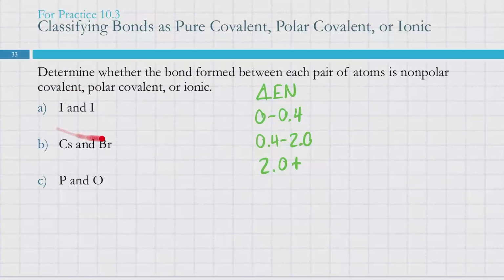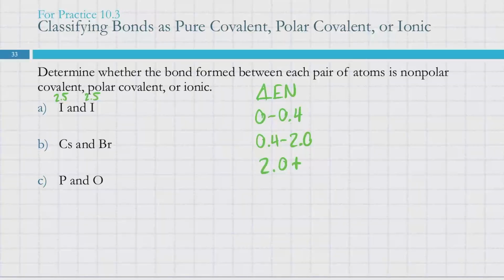What's our electronegativity difference going to be between iodine and another iodine? It's got to be 0, right? Regardless of what the value is, it has to be 0. Iodine is a 2.5. The other iodine is also going to be a 2.5. This is always going to be true if you've got the same thing, something bonded to itself.